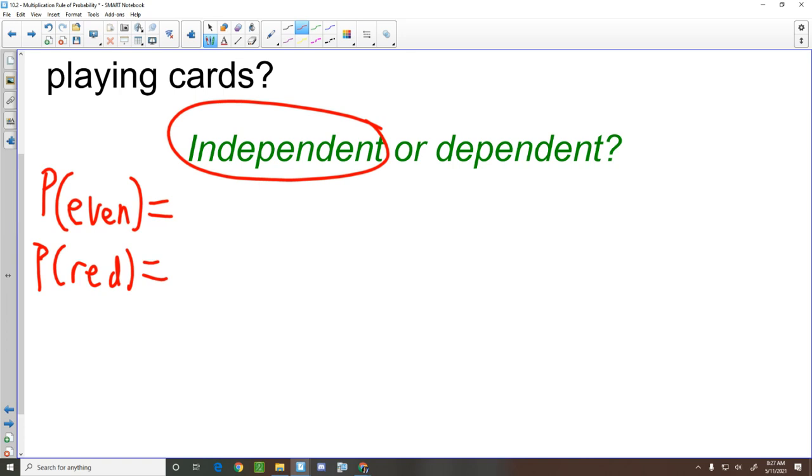Okay. Nice. Nice. Awesome. Good. Let's divide that out again.